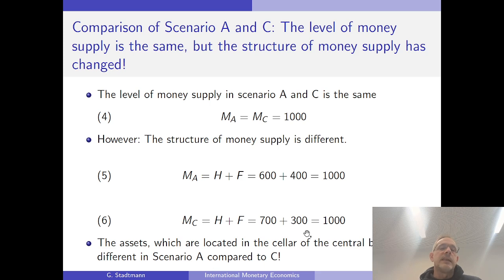So when the central bank tried to perform an expansionary monetary policy, this led to a situation where the reserves in the cellar of the central bank decreased. So in case there is another shock in the future, the central bank has fewer reserves to defend the fixed exchange rate.